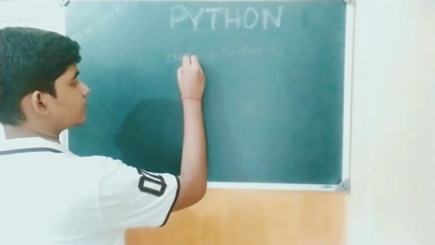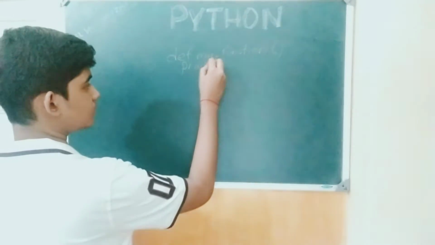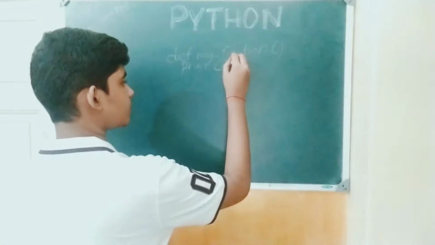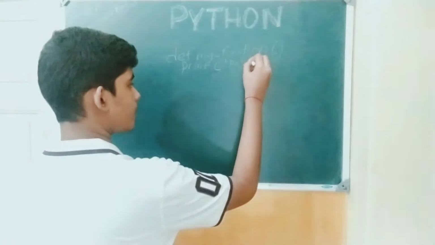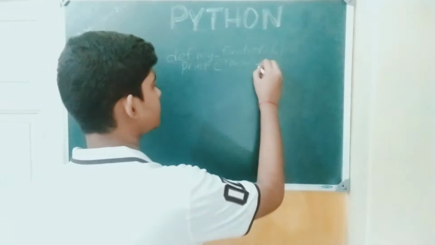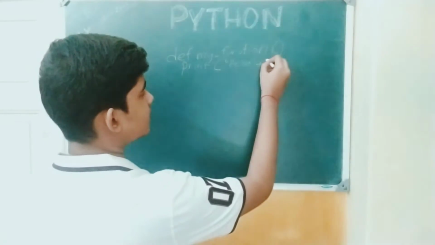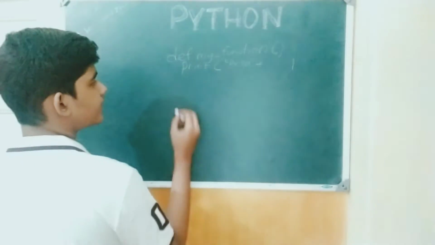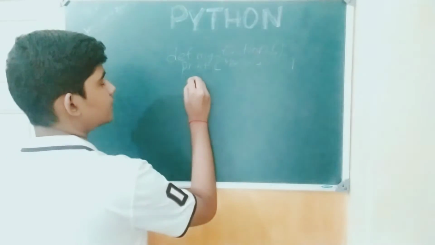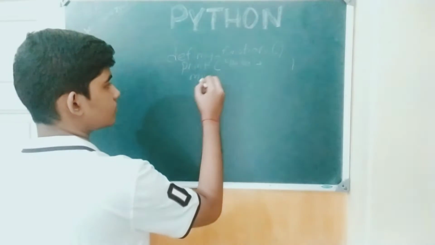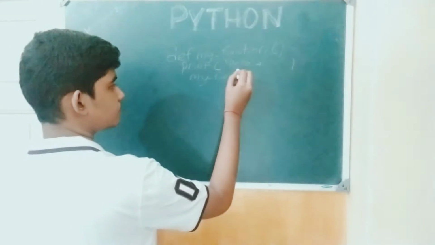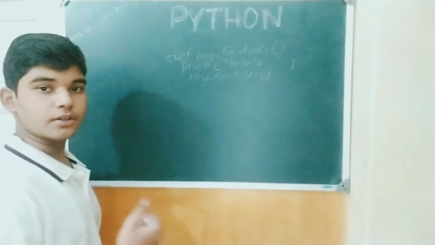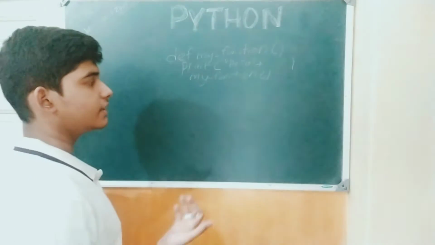And then you're going to write something like print hello plus, let's just leave it here for now, and let's write another one that says my_function parentheses. So this seems pretty complicated, right? But in actuality it's not.